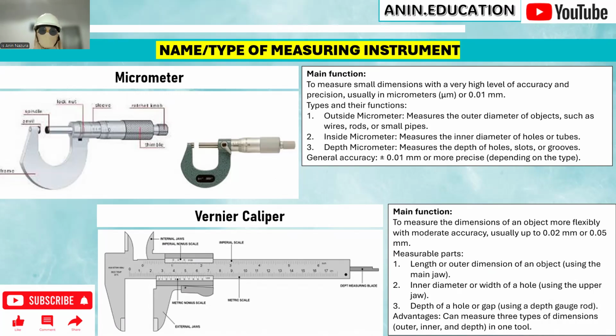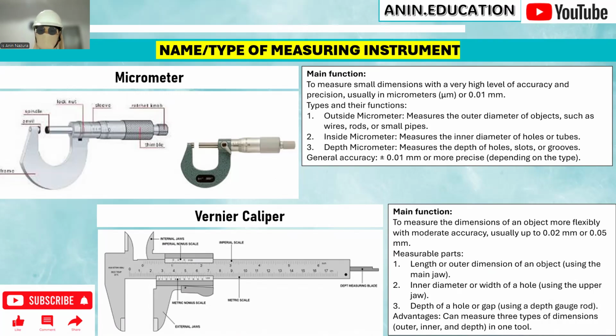0.01 millimeters or more precise depending on the type. And number two, Vernier caliper. Main function is to measure the dimensions of an object more flexibly with moderate accuracy, usually up to 0.02 millimeters or 0.05 millimeters. Measurable parts: number one, length or outer dimensions of an object using the main jaw.